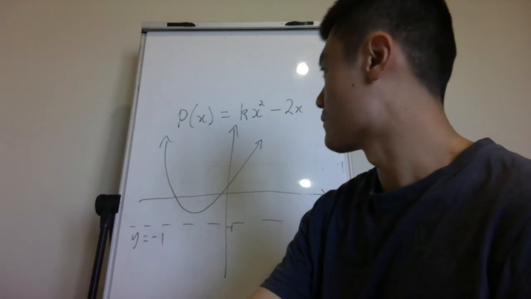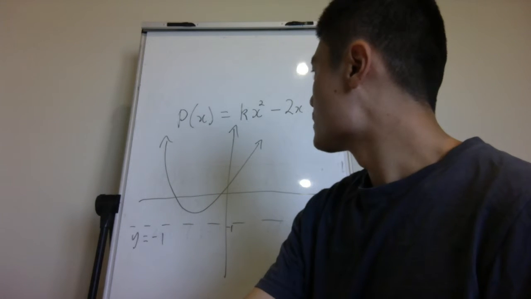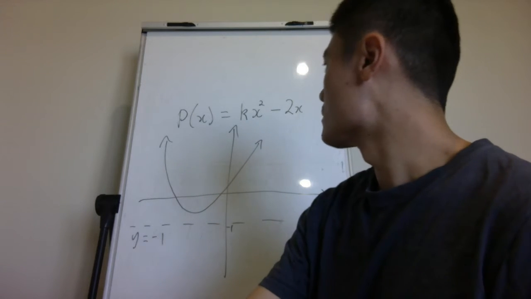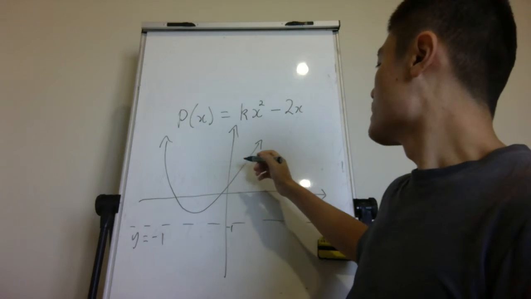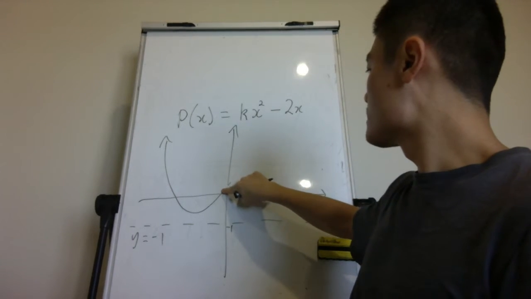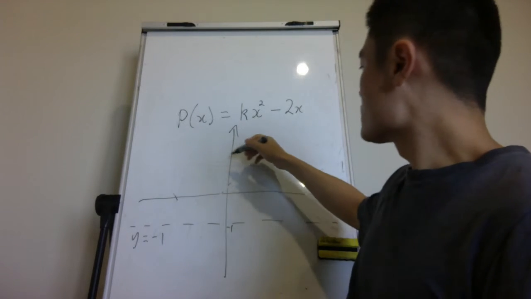You could try some values of k, right? For example, the simplest value of k I can think of right now is 1. So if k was just 1, x squared minus 2x would have x-intercepts at 2 and 0. So it would look like this.